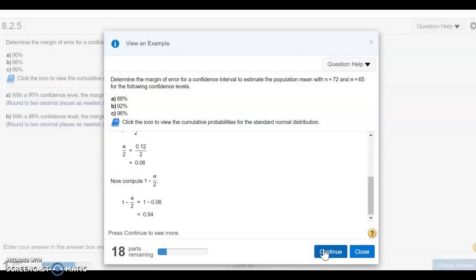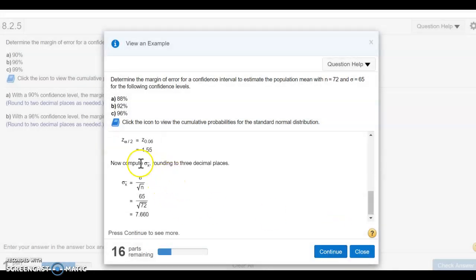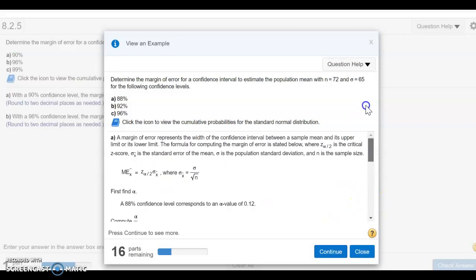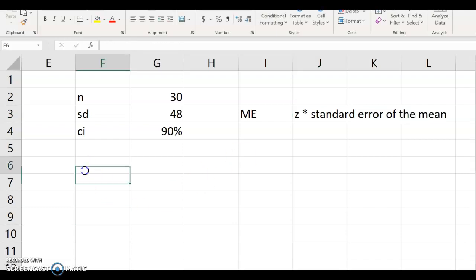Yeah, standard error of the mean. Okay, so we have two things we have to find. Let's start with the z-score.